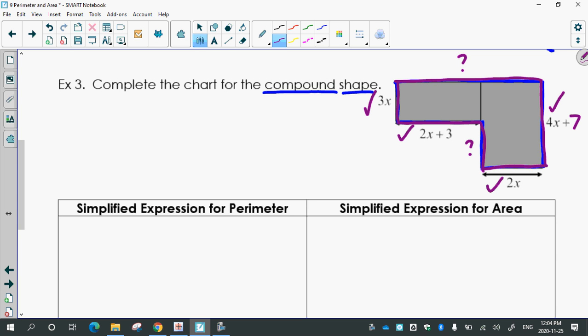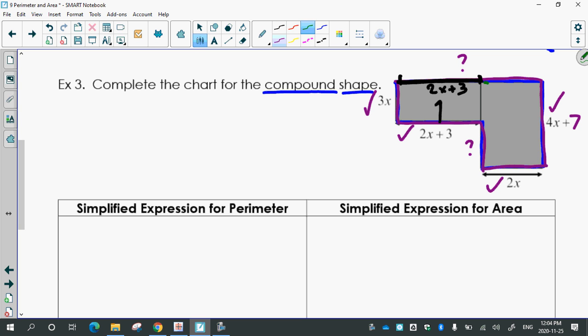All right. So let's look at this big top side here. See this big top side? If I just look from here to here, what's the distance from here to here in terms of x and a number? Do we know it? Yes. So this transfers right up there. So this is 2x plus 3. Does that make sense to everybody?